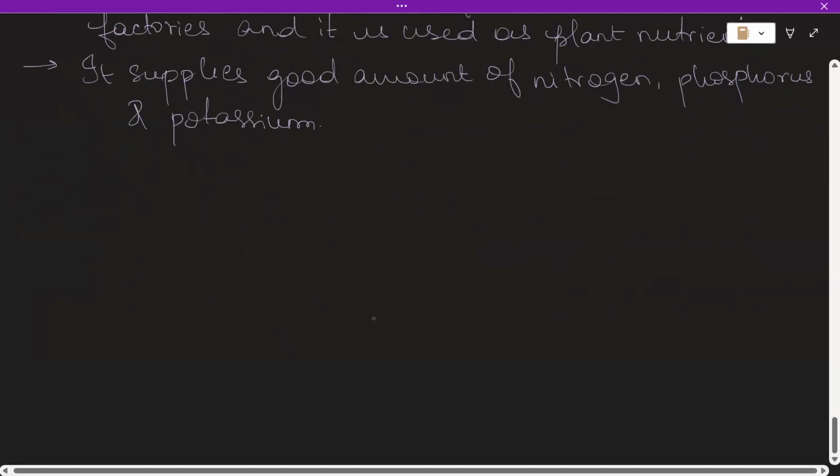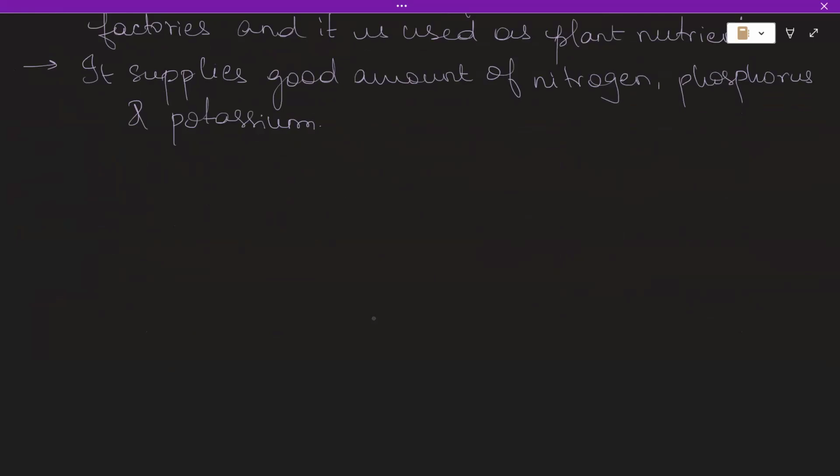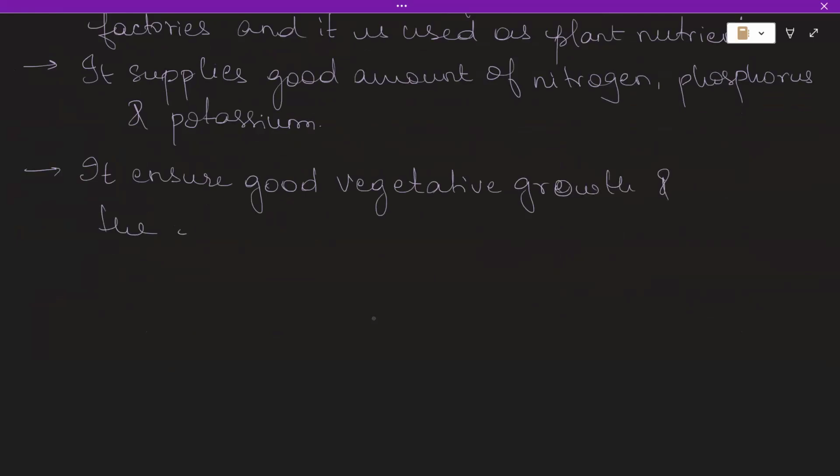Apart from this, fertilizers are also known to ensure good vegetative growth and the development of healthy plants.